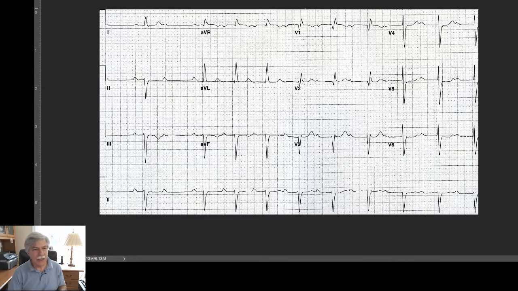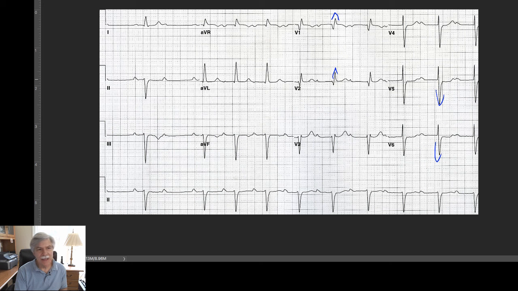So here's a really fascinating tracing. And what you see, let me just try to draw on it, is you do have an R prime in V1, okay? And you have a wide S wave in V5 and V6.